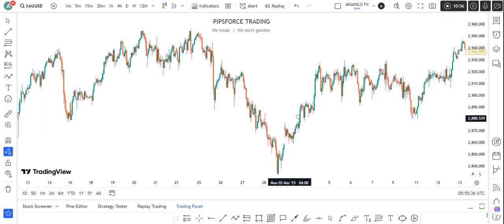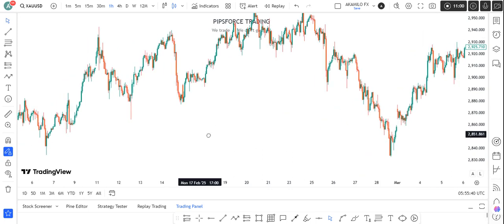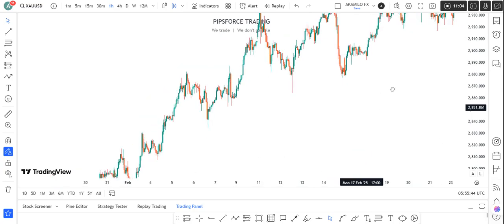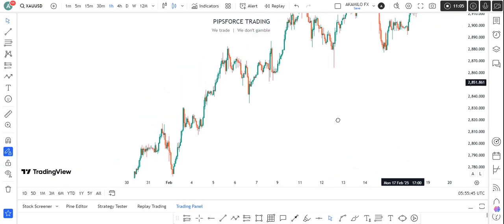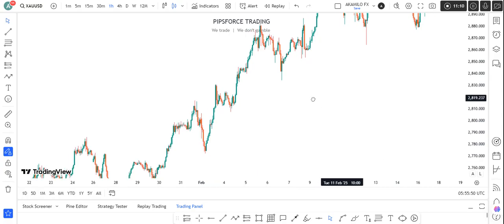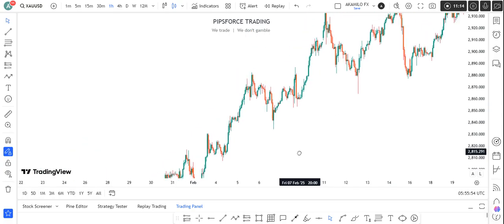Remember, one of the criteria is for it to clear liquidity before leading to a structure break or failing to take an order block. So we have an example here which we can use.